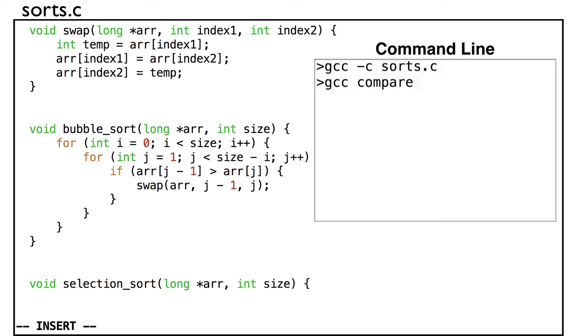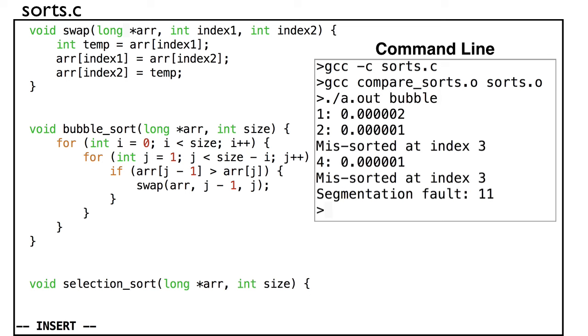Now when we compile, the compiler doesn't throw an error, even though I'm using inconsistent types. My sorts are implemented with arrays of longs, but I pass in arrays of integers, a smaller type. And this fails. Values are missorted, and we even get a segmentation fault.